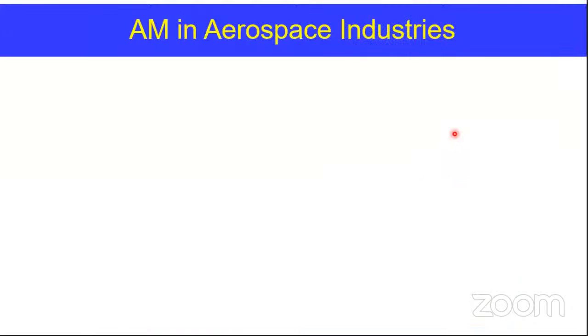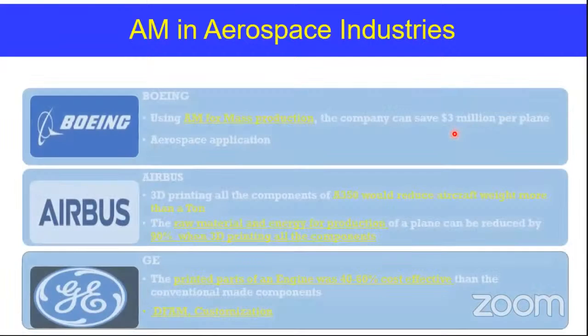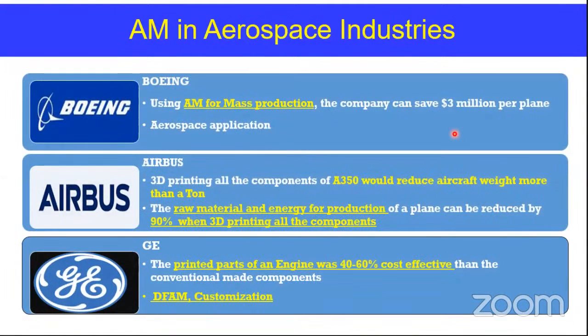And now if you look at the kind of AM technology adopted in the aerospace industry, right from Boeing, they started using it for mass production sort of application. In terms of Airbus, they are using it for lightweighting, almost like they saved close to a ton of material in the A350 through this technology.